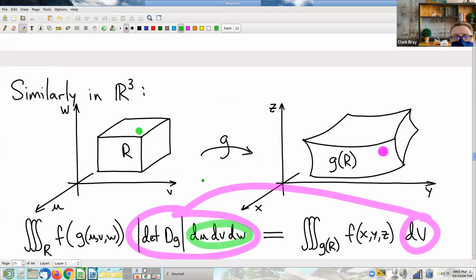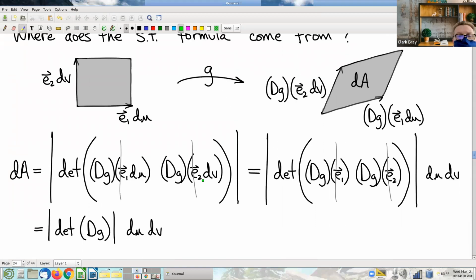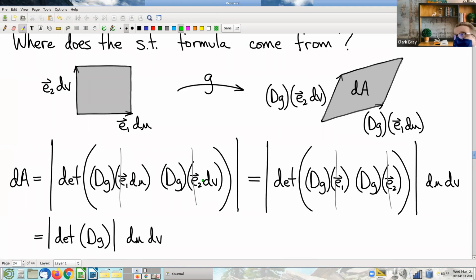And you can do it by making an argument that's morally the same as this. It would just have one extra vector, one extra dimension. It'd be a parallelepiped instead of a parallelogram. There'd be 3 edge vectors instead of 2. It'd be the image of a cube instead of a square, or a rectangular box instead of just a rectangle. So very, very analogous argument.